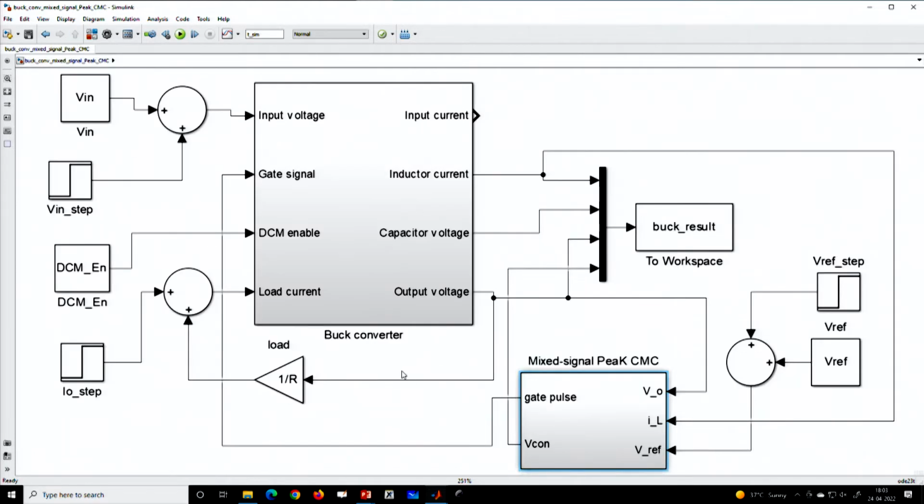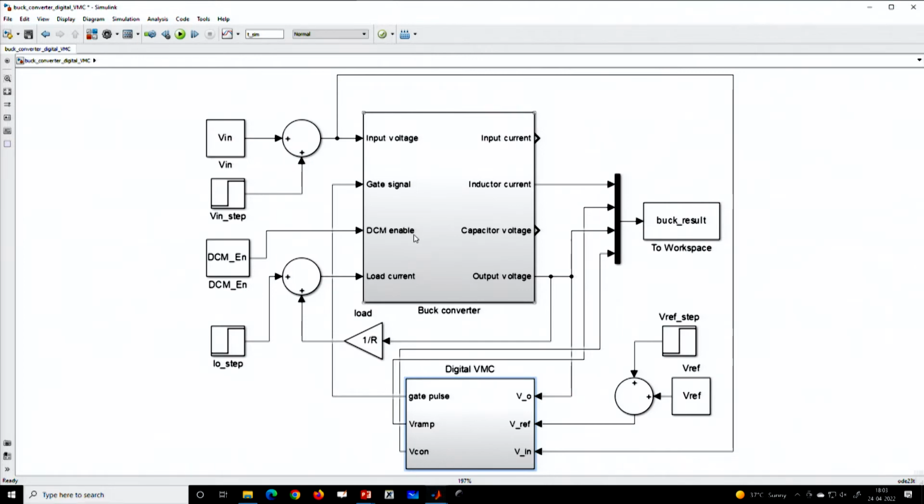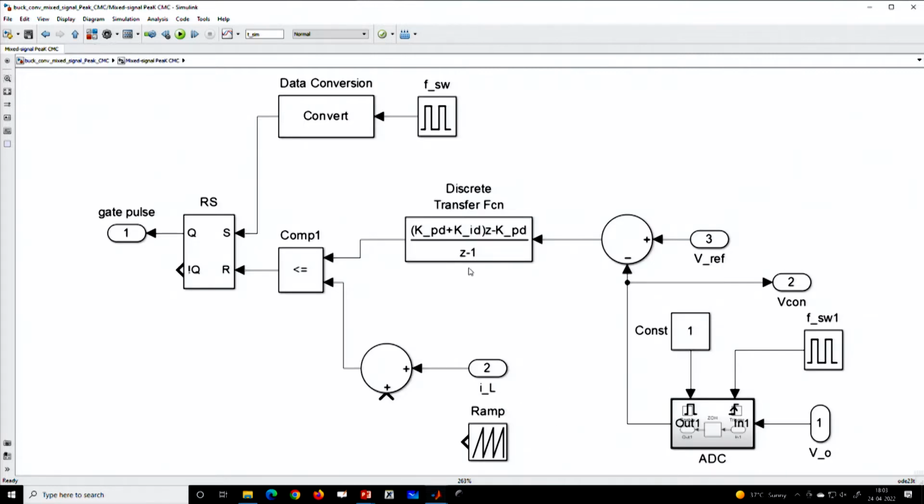Here we have already discussed digital voltage mode control in the previous lecture, so I am not going inside this block. Here we are talking about digital current mode control. Everything else is the same, only this controller block is different. If you go inside, again there is a controller.